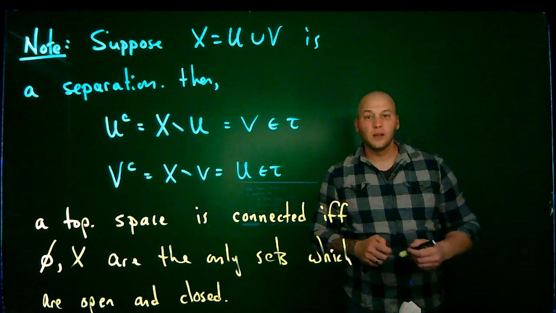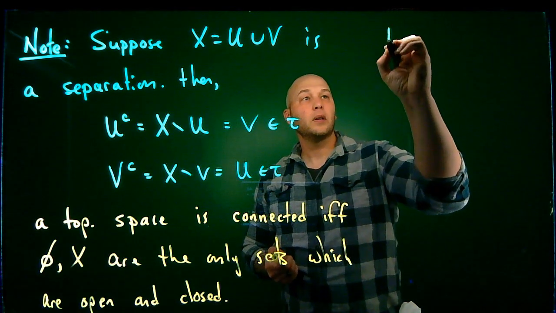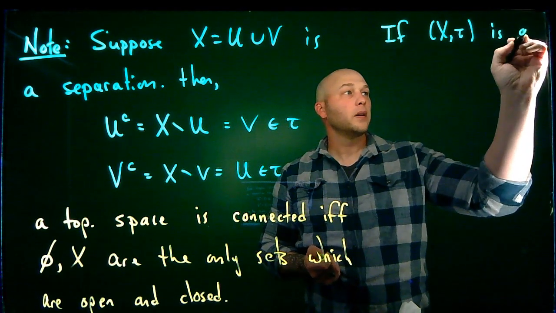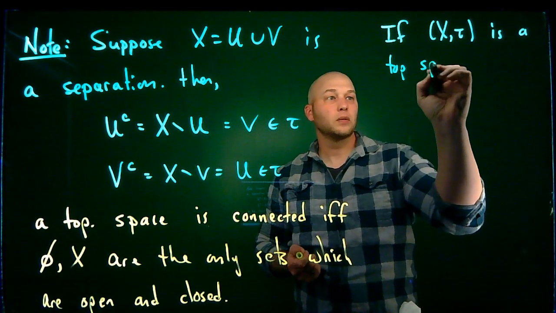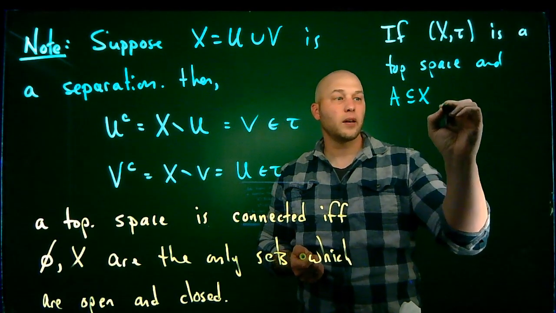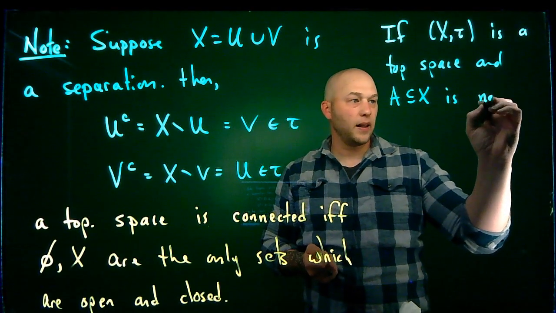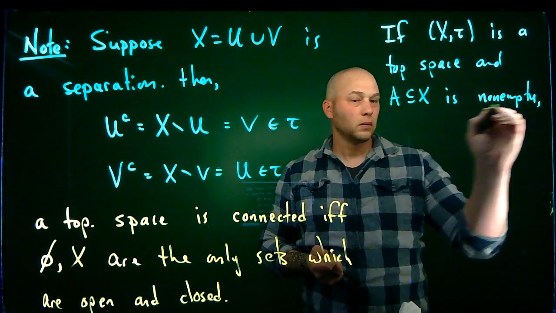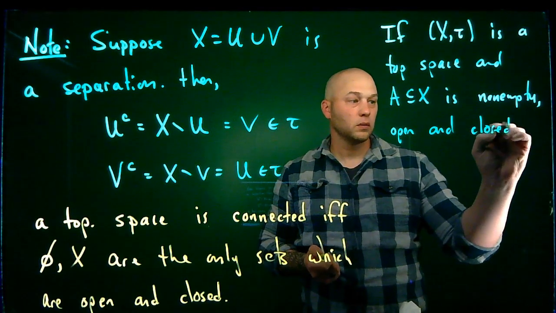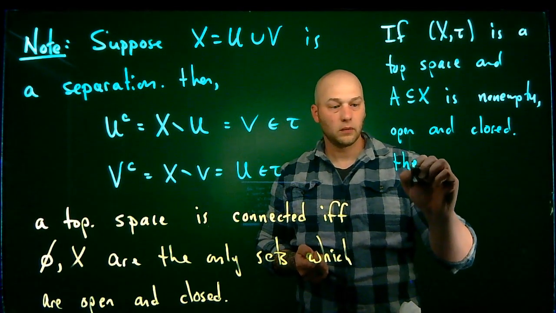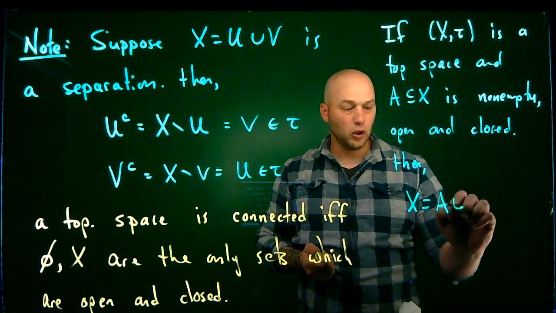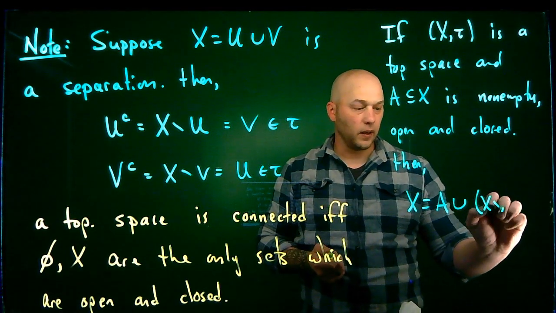Okay, just quickly illustrate that. If (X, tau) is a topological space and A is a subset of X, is non-empty, open, and closed, then, well, I know that X is going to be A union everything that's not in A. Right?